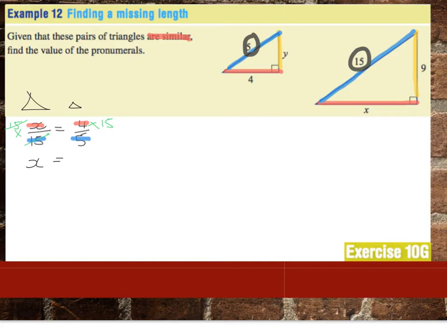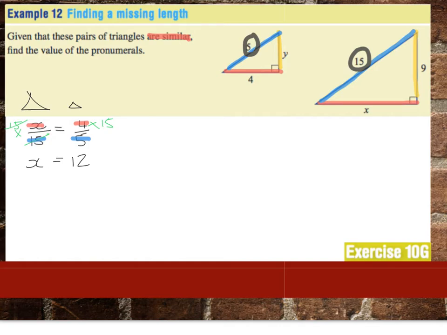Everybody's got rights, so it's your right to say x equals, and you can simplify this with a calculator. 4 times 15 is 60. 60 divided by 5 equals 12. So x equals 12. The book used the scale factor. I don't care. I want you to use this because later on it does become easier.